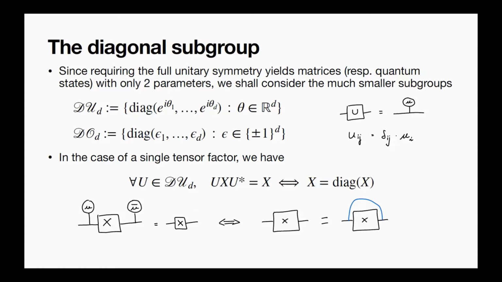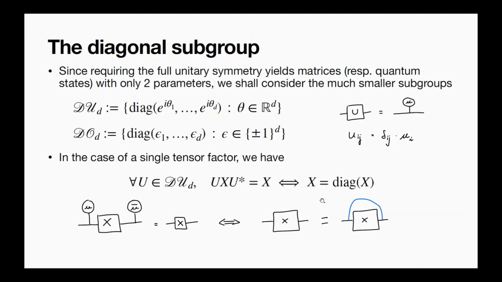So let's play the same game. Let's look at what are the matrices which have this diagonal symmetry. And of course, we start with the simplest case. We just have one matrix space, and you can see that you gain something, because if I impose this diagonal symmetry, so if I ask that u x u* = x for all diagonal unitaries, then I get that the only condition that x needs to satisfy is that it needs to be diagonal.